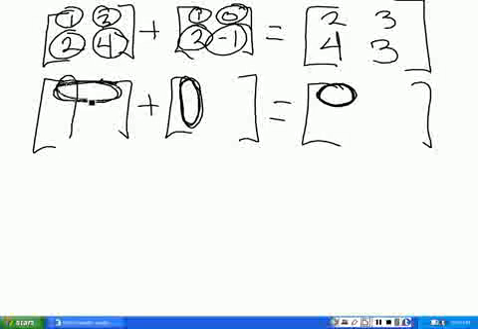Sorry about that. First row, first column, and that will give me the entry in the first row, first column.